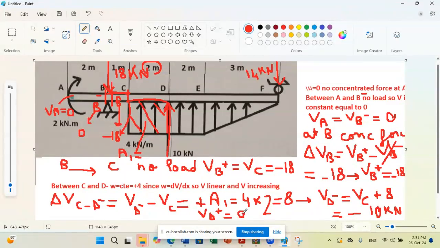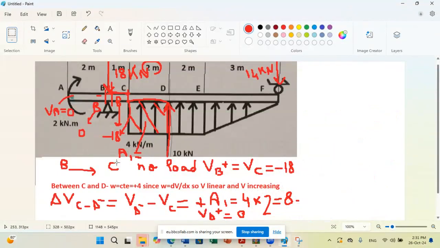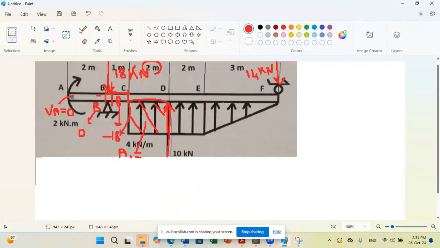Minus 10 plus 10 equals 0. Let us continue. I will erase this to be able to continue. Okay, so until now we reached point D and we said that here the shear VD plus equals 0. Okay, let us continue.